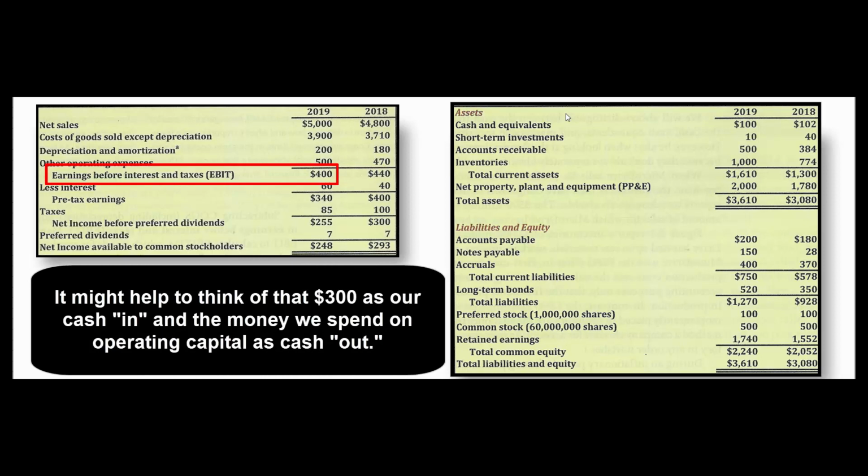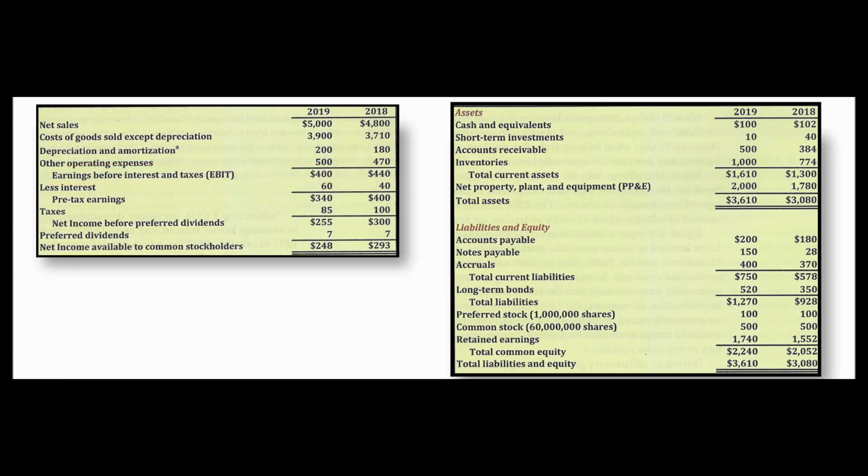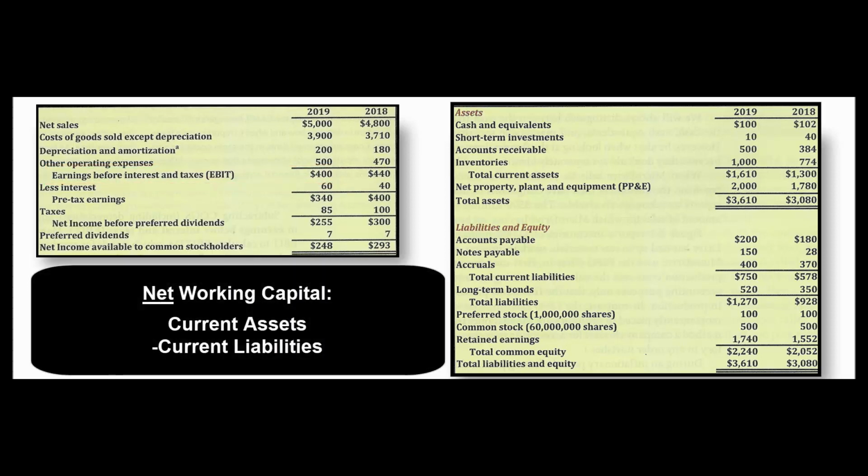Now we have to figure out what cash we had to put out to maintain our operating assets. Remember from accounting class that net working capital is current assets minus current liabilities. Let's assume that the short-term investments for this company are not part of operations and that the notes payable are not part of operations.